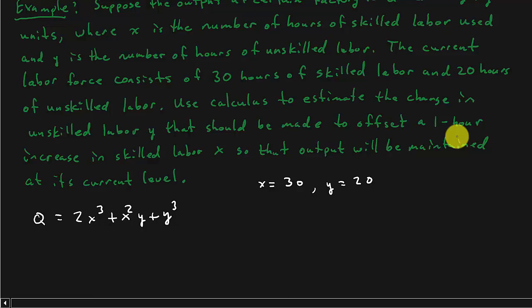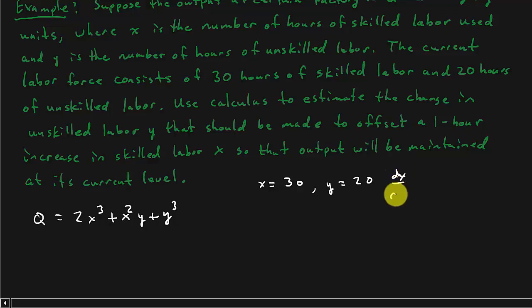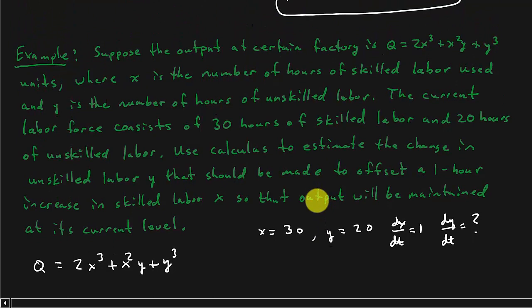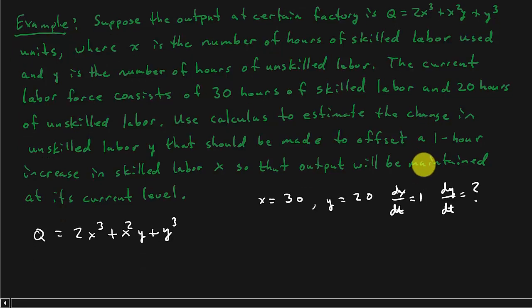So that 1 hour increase is the change in skilled labor, the change in X. So they're telling us that dx/dt is equal to 1, and we want to find dy/dt, right? They want us to use calculus to estimate the change in unskilled labor Y. And we're also going to need some value to plug in for Q. We're going to maintain the current level of output. So how do we do that?